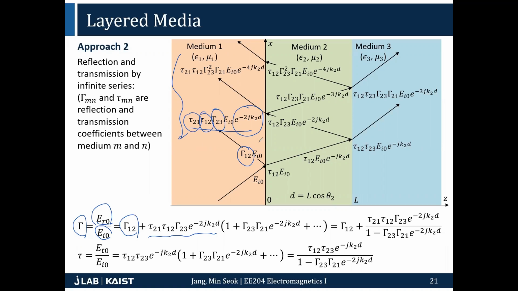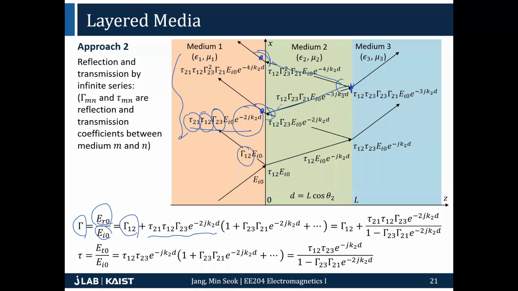Right? And from here, what's coming out actually requires one more reflection at this boundary, right? And then one more reflection at that boundary. And then the same transmission, like this transmission and this transmission are the same.